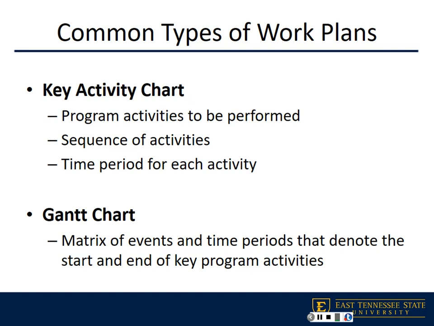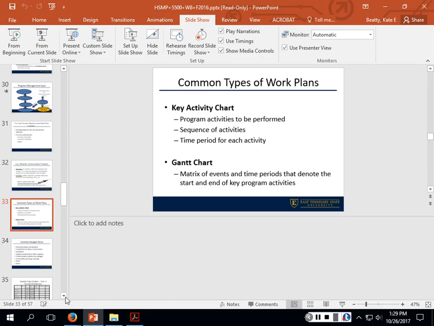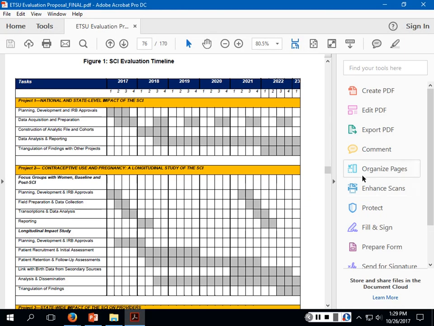The Gantt chart is also commonly used, and it's a matrix that shows the different activities and the time periods for each one of them. So let me show you an example of a Gantt chart. Okay.